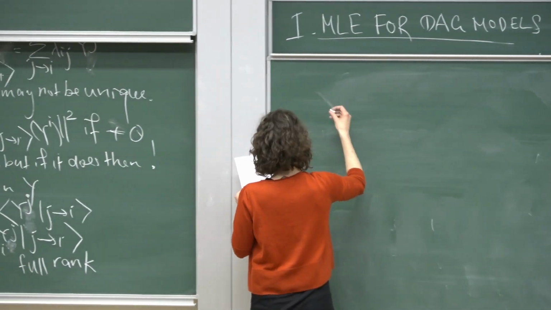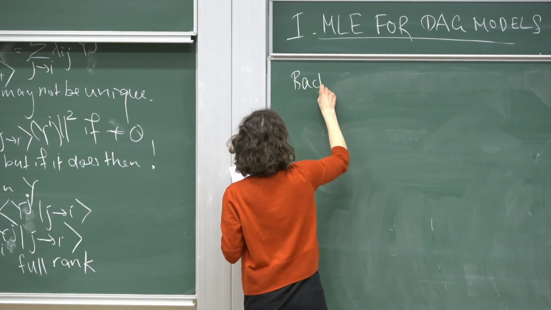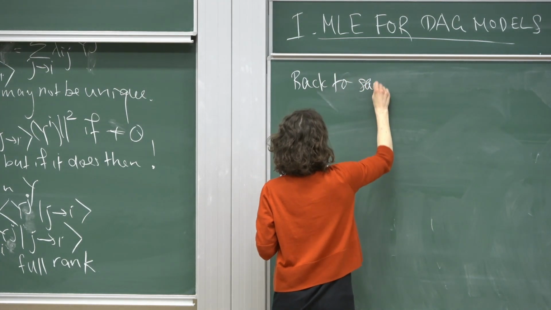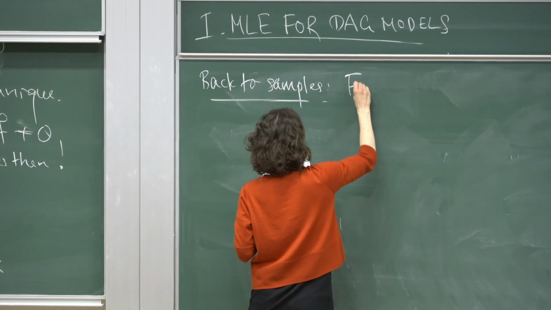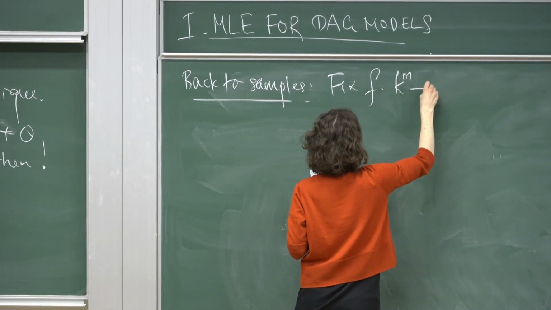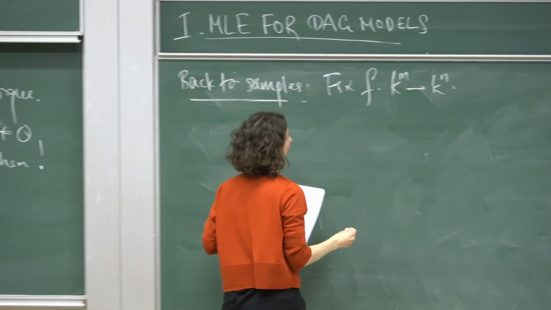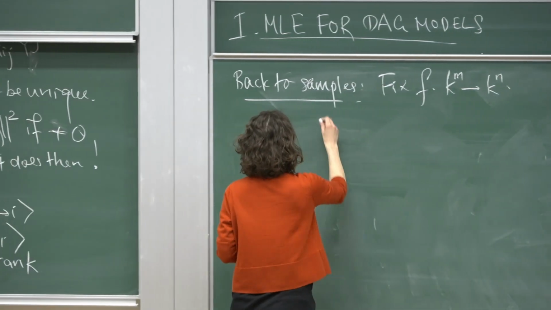Let's go back to samples. So let's fix our F from Km to Kn. And now let's take V to be Km, W to be Kn, and let's choose.